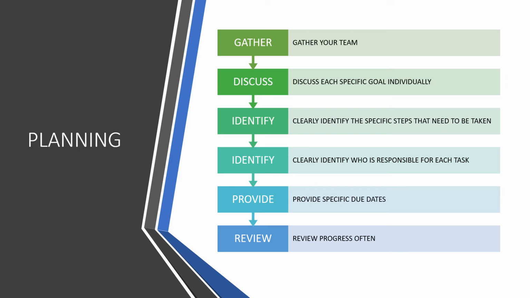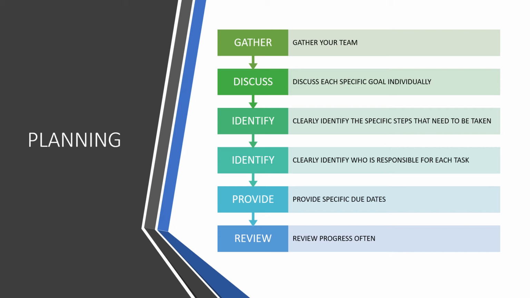This way, you will never have people trying to pass the buck. Oh, it wasn't my job. Well, no, you're assigned the position of A, B, and C, and that is part of the job description. Even though multiple people can assist in completing the task, things have to be made very clear. And then, provide due dates, that's self-explanatory.